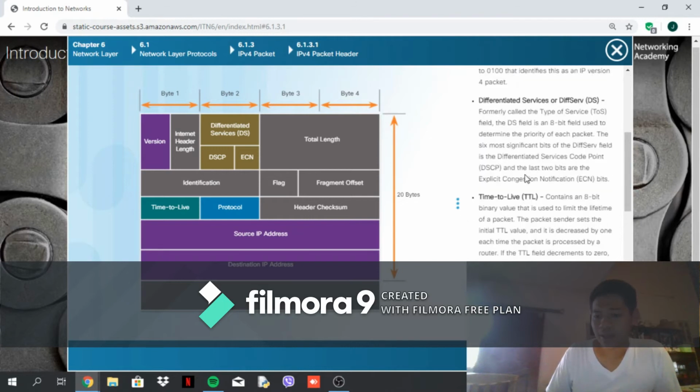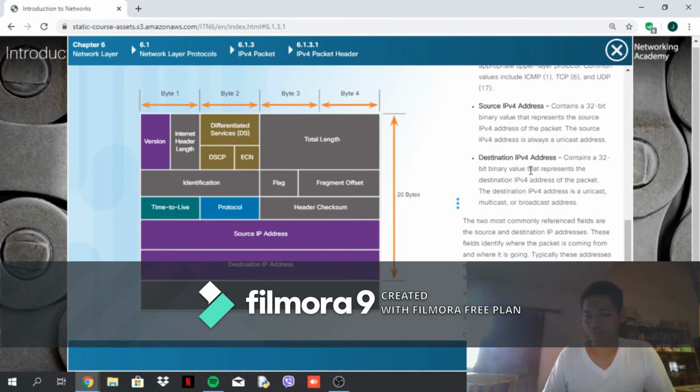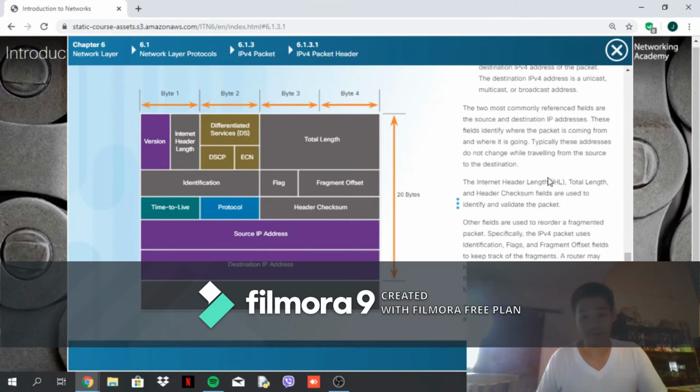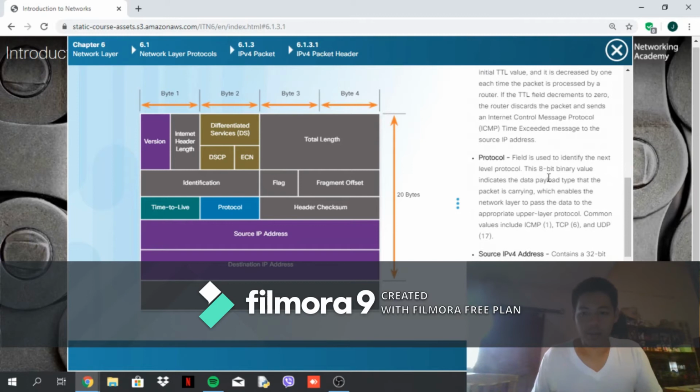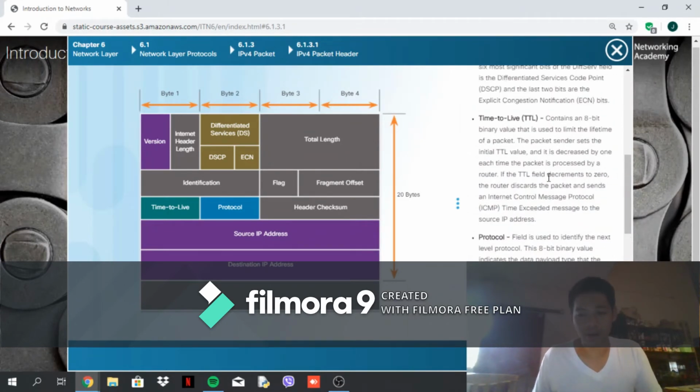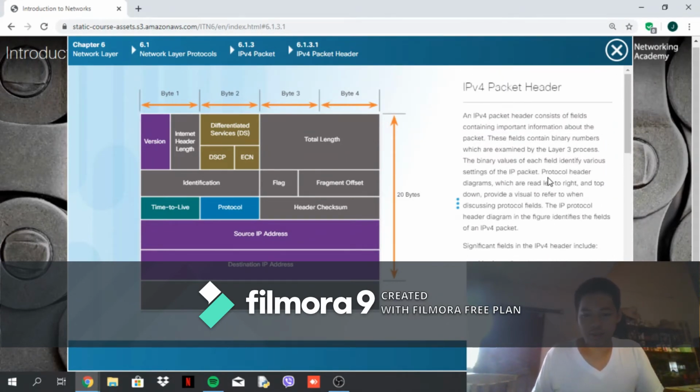The reason why IPv4 is being phased out and no longer used is the depletion of IPv4 addresses.